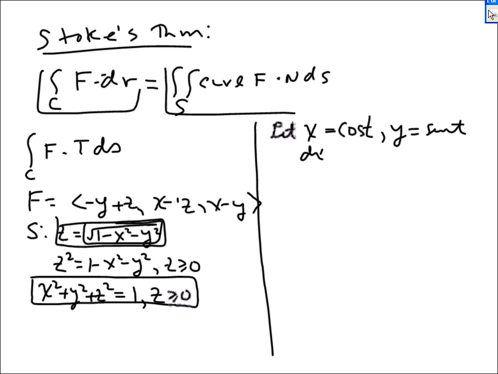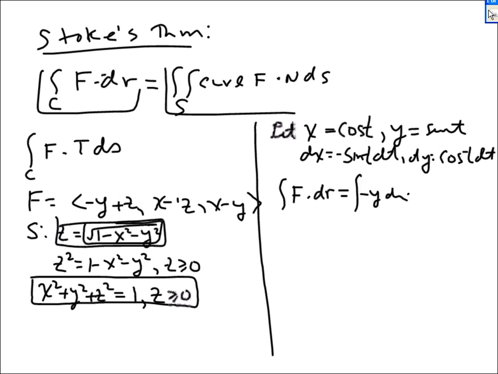But then dx will be negative sine t dt, and dy would be cosine t dt. So the integral of F dot dr will equal, from the previous theorem, the integral of negative y dx plus x dy over C.